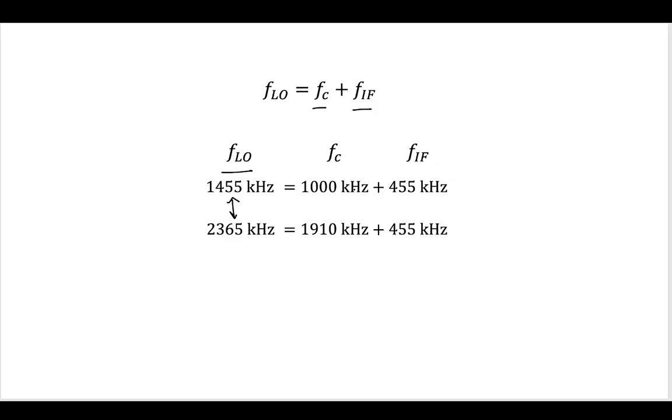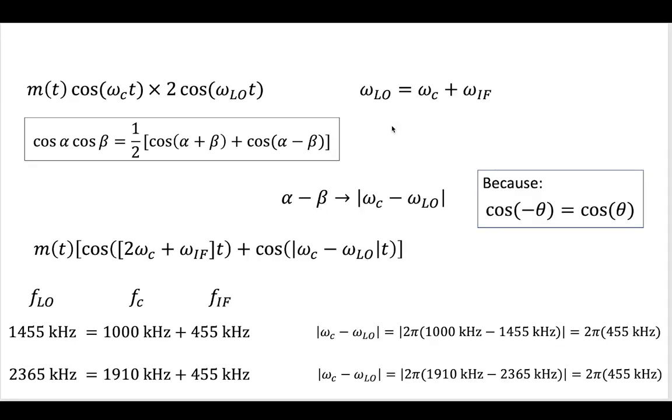So these are two different possible superheterodyne mix frequencies. So when we do this, we have this f low or omega low, and when we have these two different channels that we're interested in, let's mix them together and see what happens. So when we mix this omega low together, we see that alpha minus beta becomes an absolute value of omega c minus omega low.